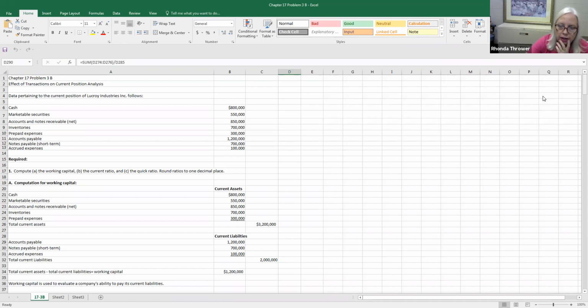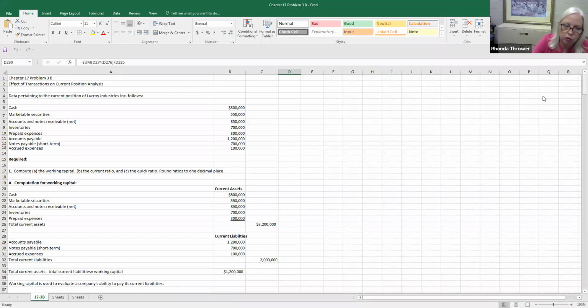And then you would divide it by your current liabilities, and that would give you the amount for the quick ratio. I think I said that right, but again, your formulas are right here. It's quick assets divided by your current liabilities gives you the quick ratio.